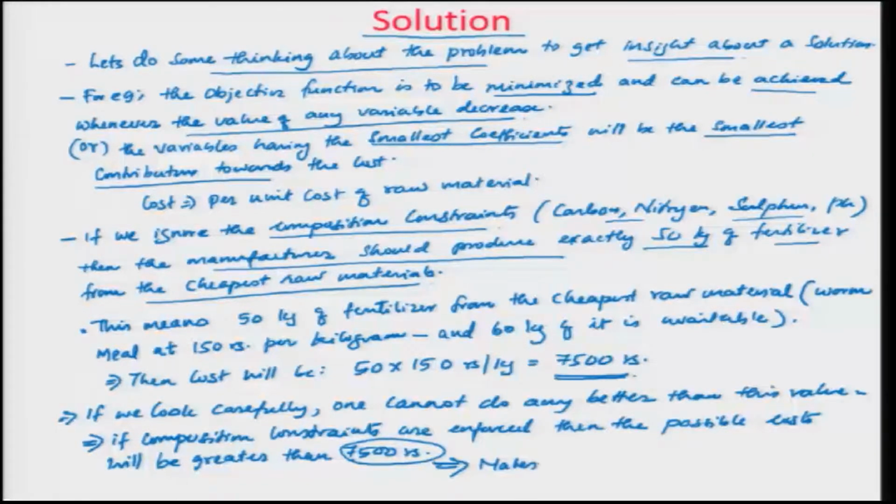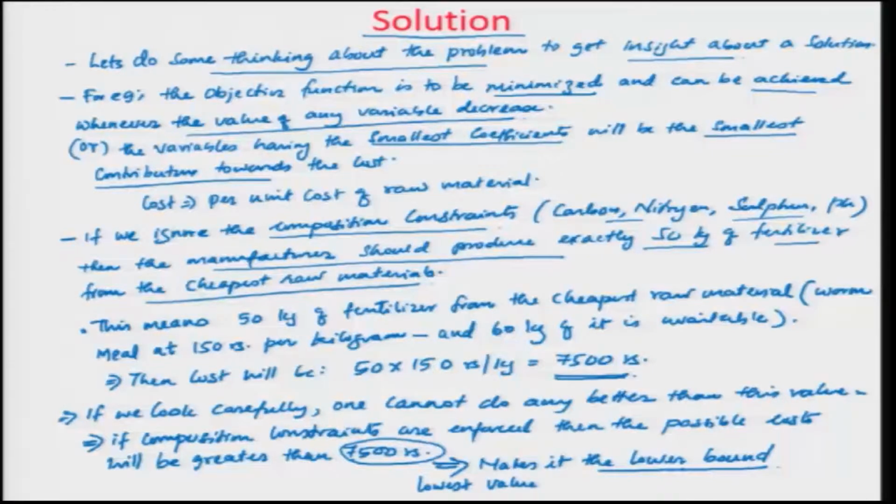That makes it the lower bound. The lower bound is that value for which you cannot do any cheaper; you cannot have a solution to this problem below this value. This is the lowest value the objective function can take.